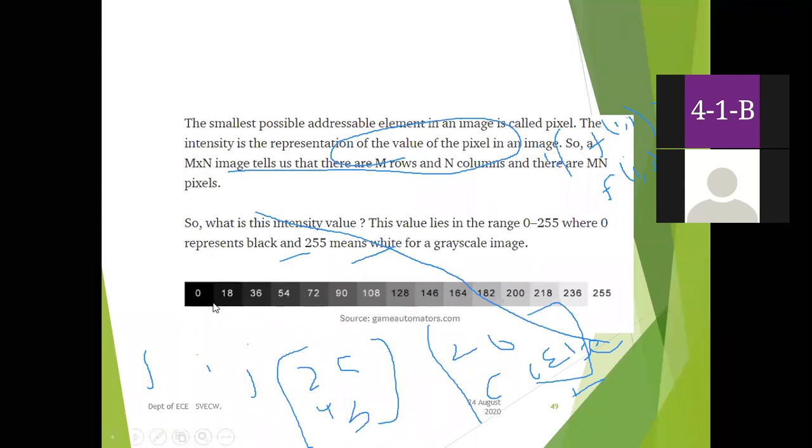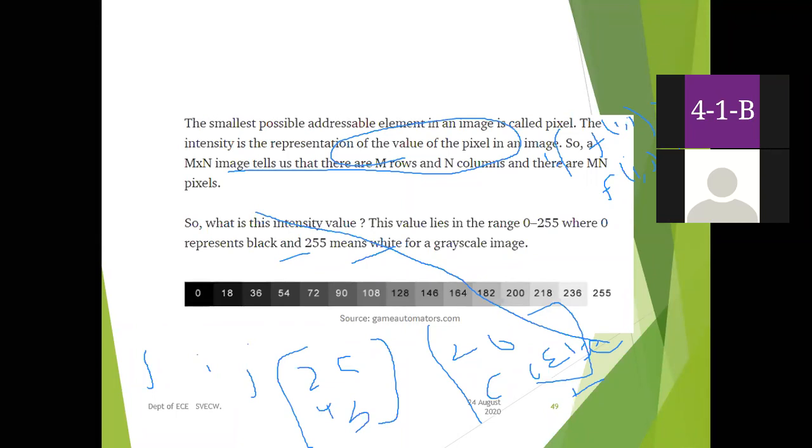So the 0th gray value is completely black, and after that the shade becomes lighter and lighter, with less intensity, to 200, 218, then 236, and when it reaches 255, it is completely a white shade. From this picture, you can clearly understand how the intensity value goes from complete black to white.